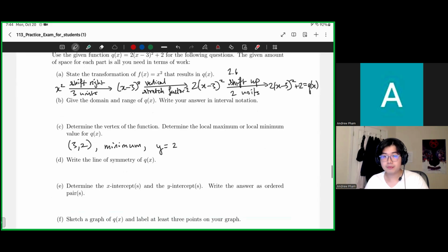Okay, good. So that's A. B asks for the domain and range of Q. We said that Q was a quadratic, which means it's a polynomial. And by a previous discussion, all polynomials have infinite domain.